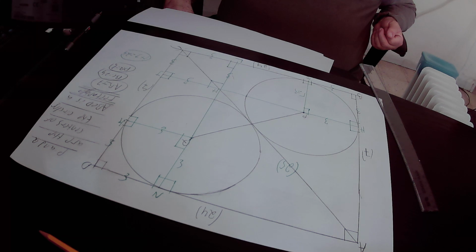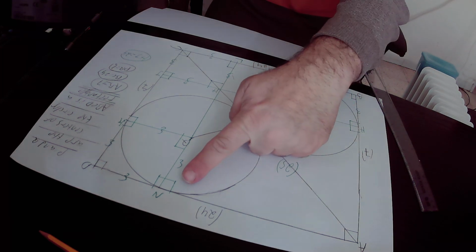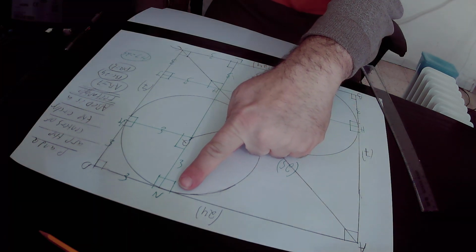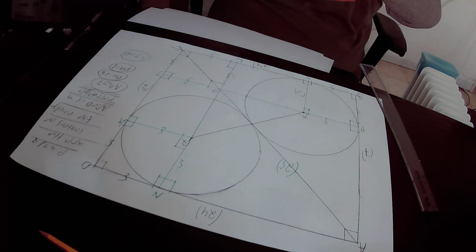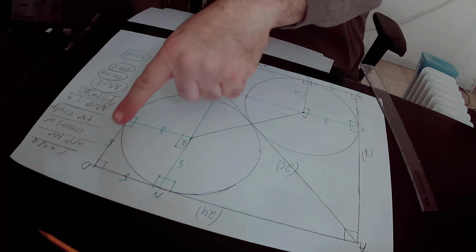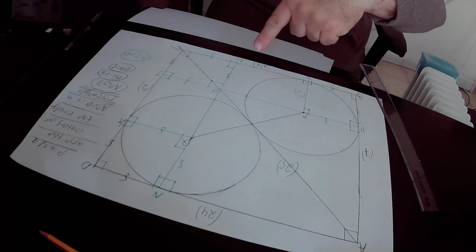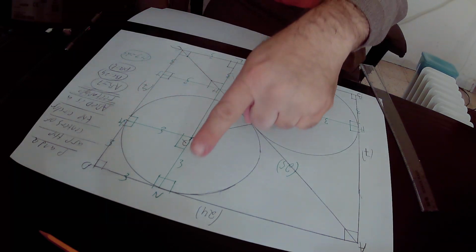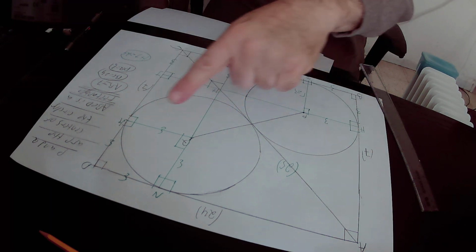So here, in rectangle NDLC, side NL must be equal to side DC.